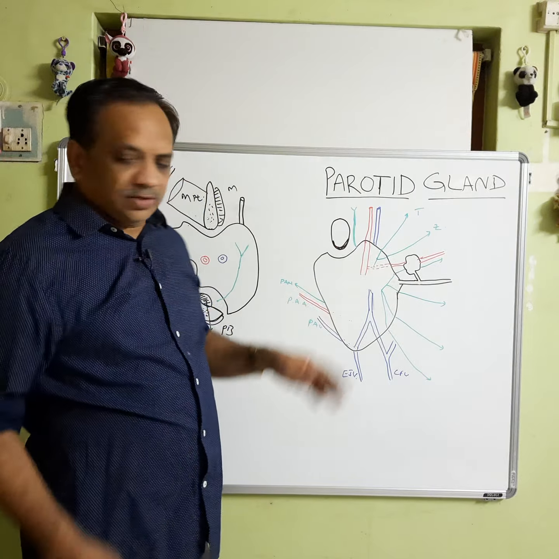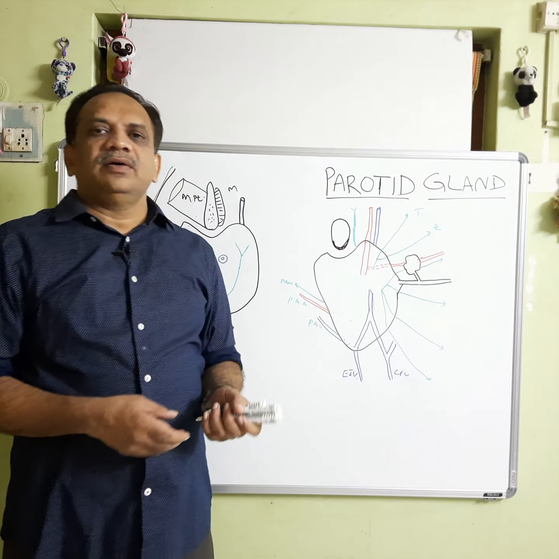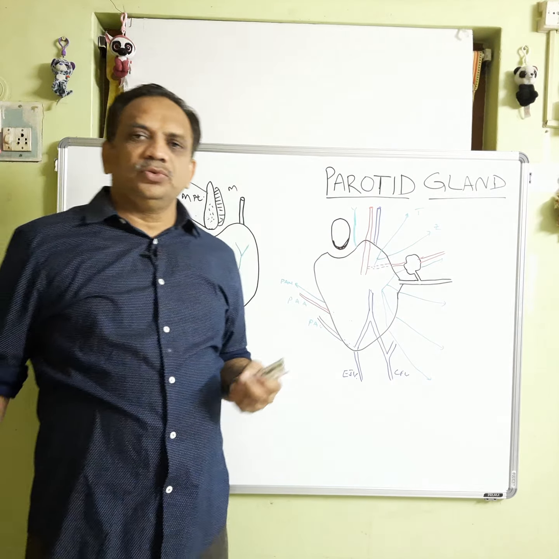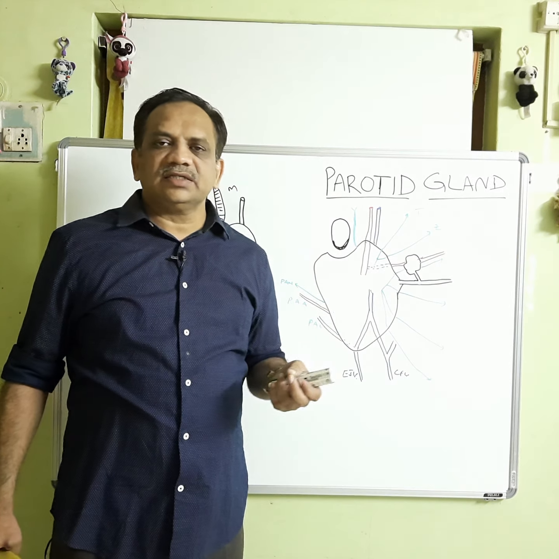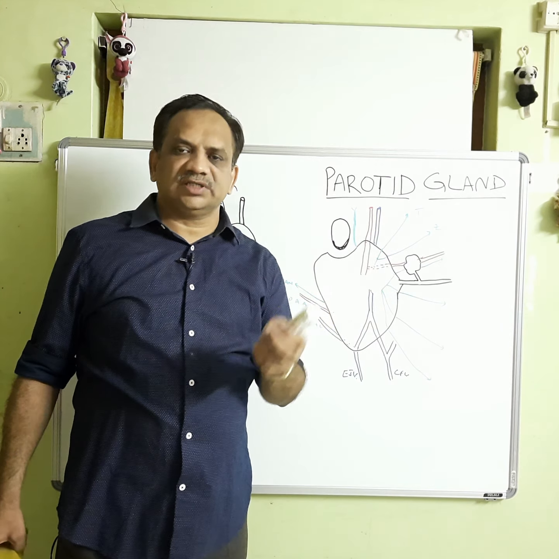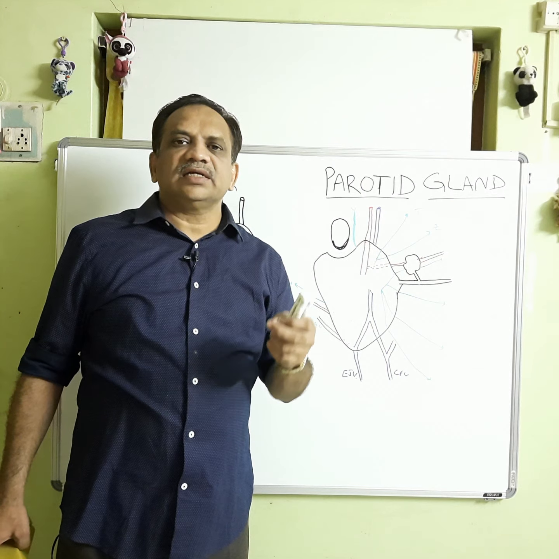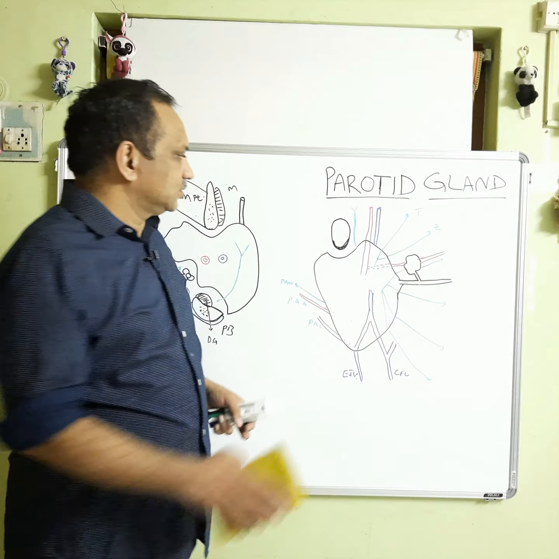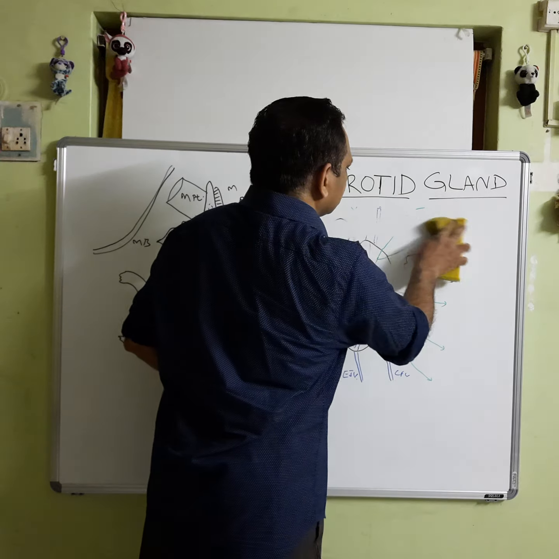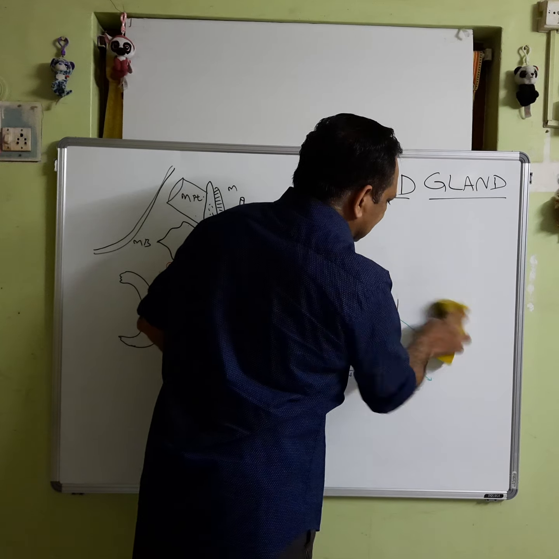So, coming to the microstructure, it is a compound tubulo-alveolar gland, which is mainly having seromucous glands, but the secretion is predominantly serous in nature. So, the glands consist of serous acini.